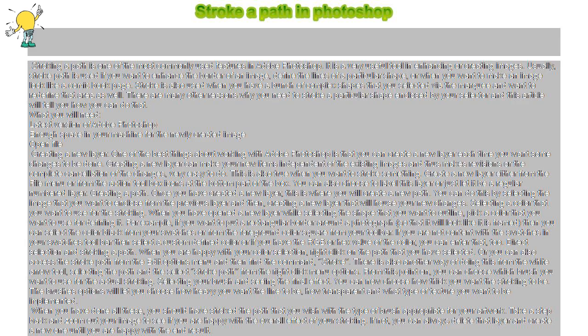Selecting a color that you want to use for the stroking. When you have opened a new layer while selecting the shape that you want to outline, pick a color that you want to use for defining it.